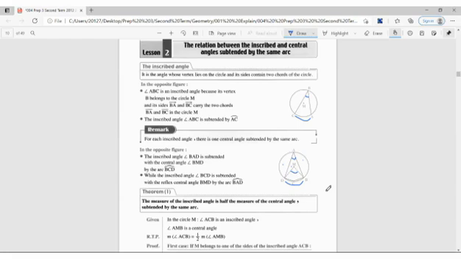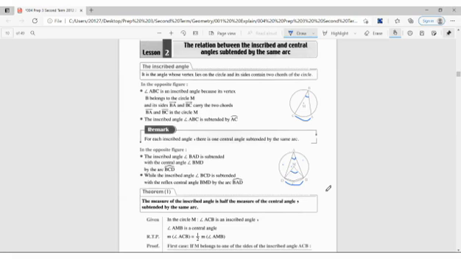So if the central angle is 100 degrees, the inscribed angle will be 50 degrees. And the measure of the arc DB, which is subtended by the two angles, is equal to the measure of the central angle and twice the measure of the inscribed angle.